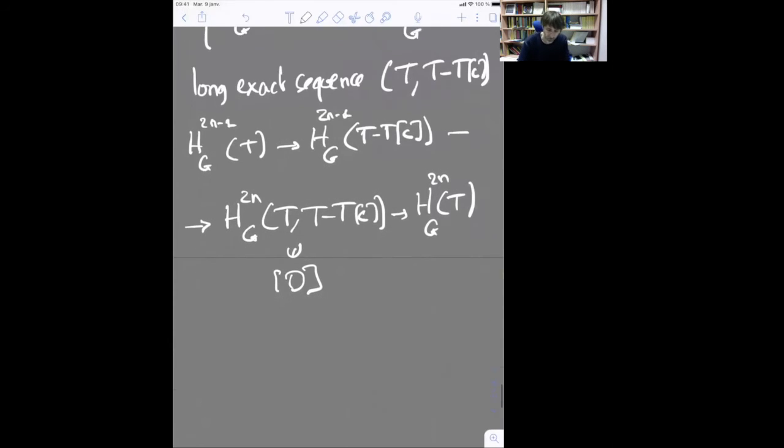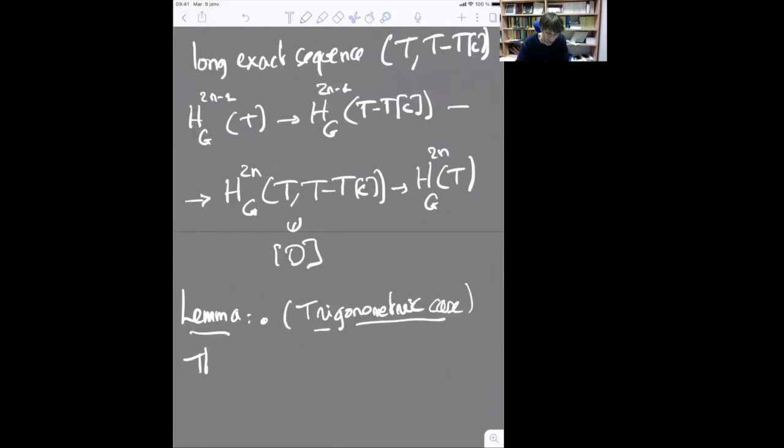And the lemma tells us, and I will distinguish the trigonometric case, this lemma is the analog of the way we constructed the affine class, that the image in H^G_{2n} of D is rationally 0.